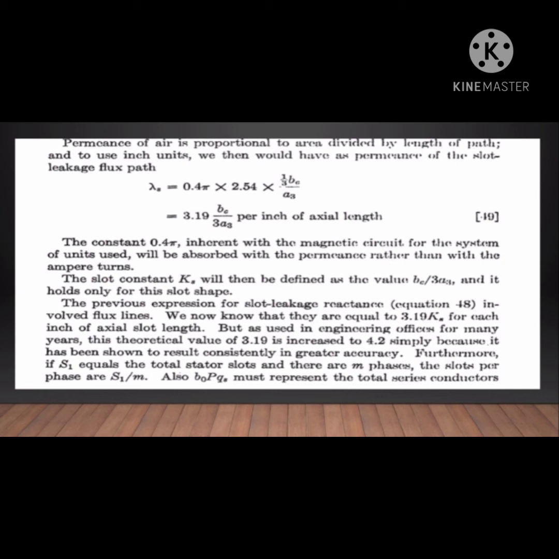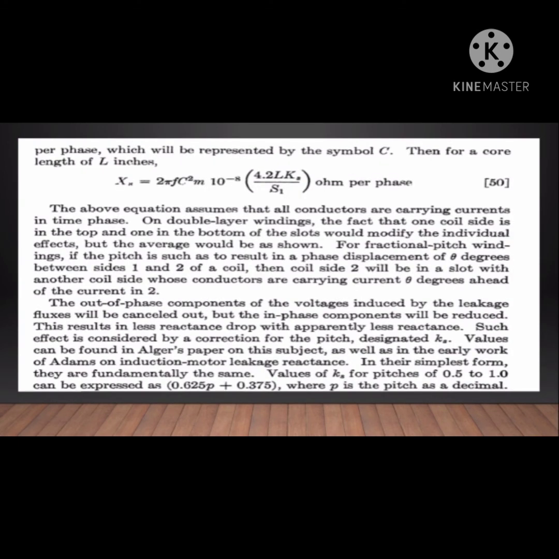Then, yung natin, B sub OP times QS, ito na yung magiging total series conductor per phase natin kung saan yung symbol niya is C. Ayun nga, per phase which is represented by the symbol of C. Then, for the core length of L inches, yung L natin, which is the gross length of the core, dapat naka-inches siya, or naka-inch.